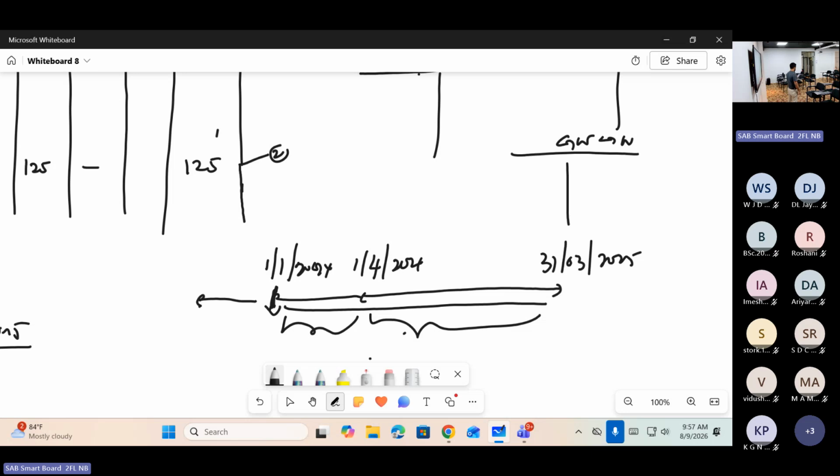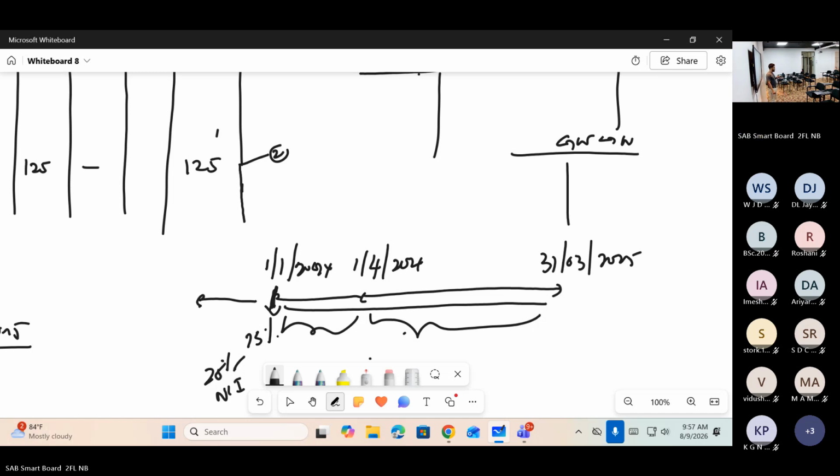Sunny PLC is a manufacturing company in Sri Lanka. On January 2024, it acquired 75% of equity interest in Winnie PLC. 75%, right? 75% means 25% NCI.